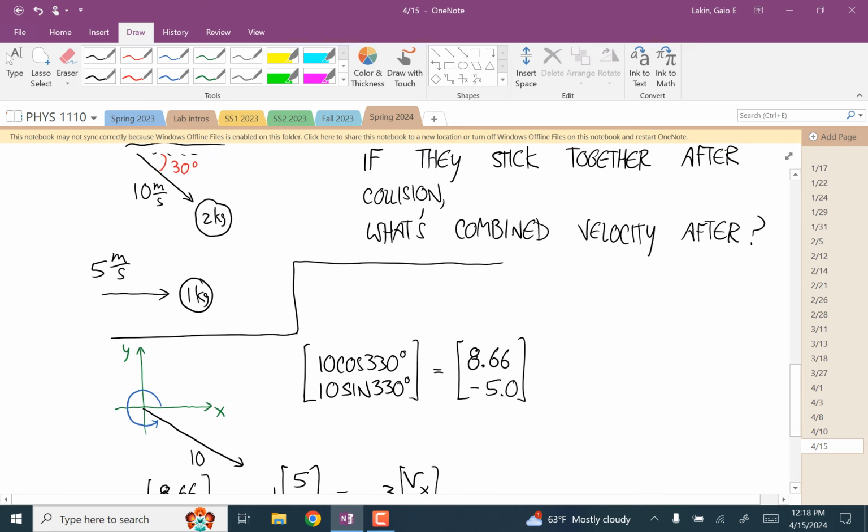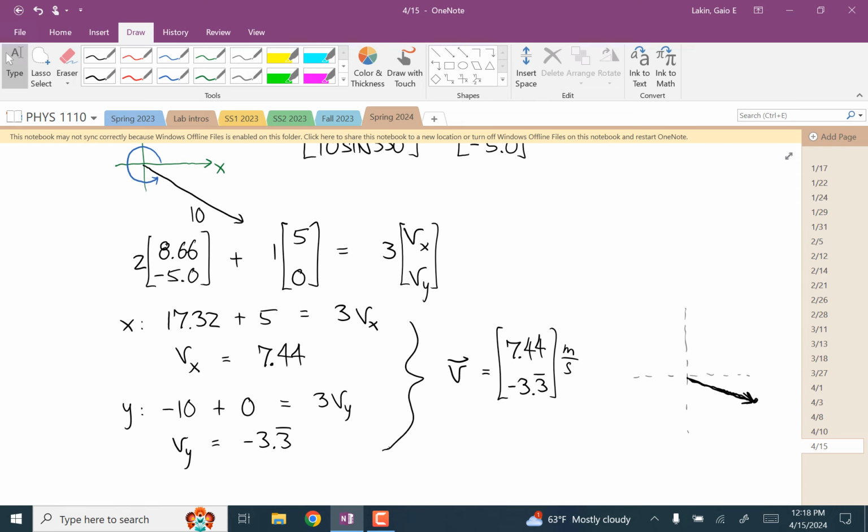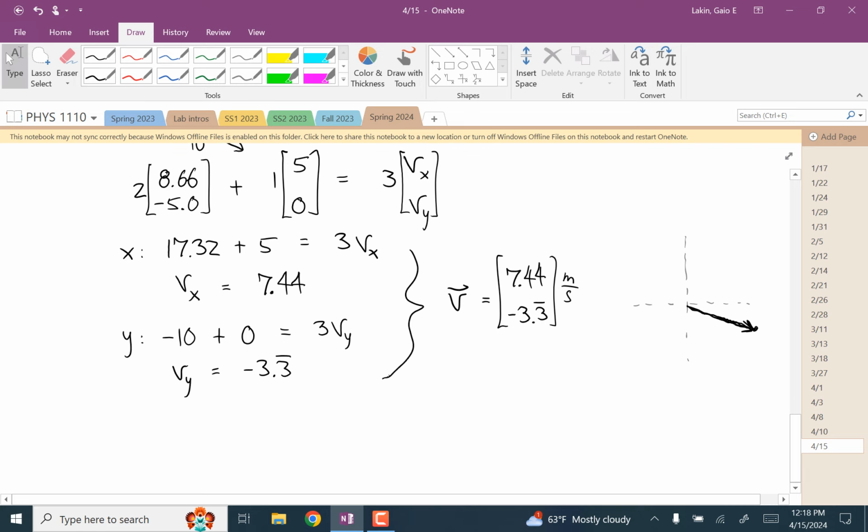Any questions about that? So this is a case where the direction they end up afterwards isn't the same as the direction before. This sort of relates to how you play pool and stuff like that. You're using conservation of momentum to try to figure out where you're going to get these balls to go afterwards. The difference, of course, is pool balls don't stick together, so you'd need some other math in there, but that's sort of the idea.